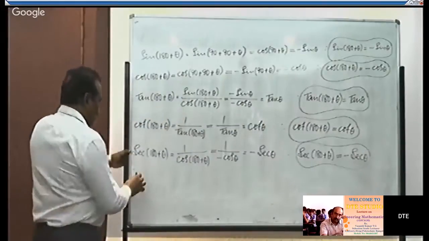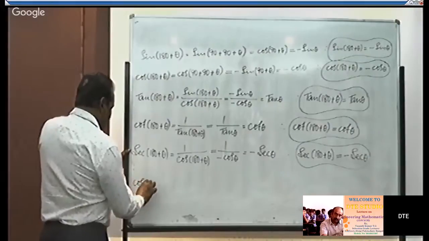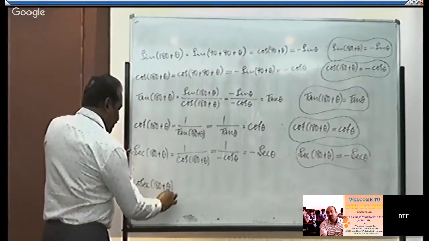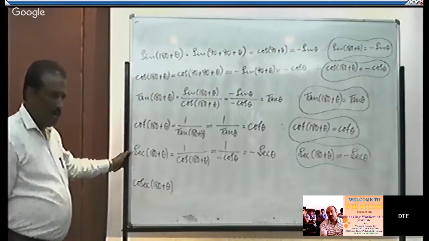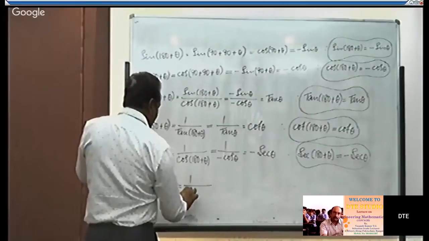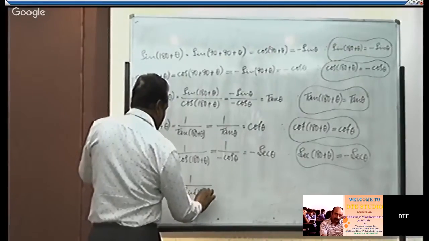So, the last one is cosecant of 180 plus theta. Cosecant of 180 plus theta, you can rewrite as 1 by sine of 180 plus theta.